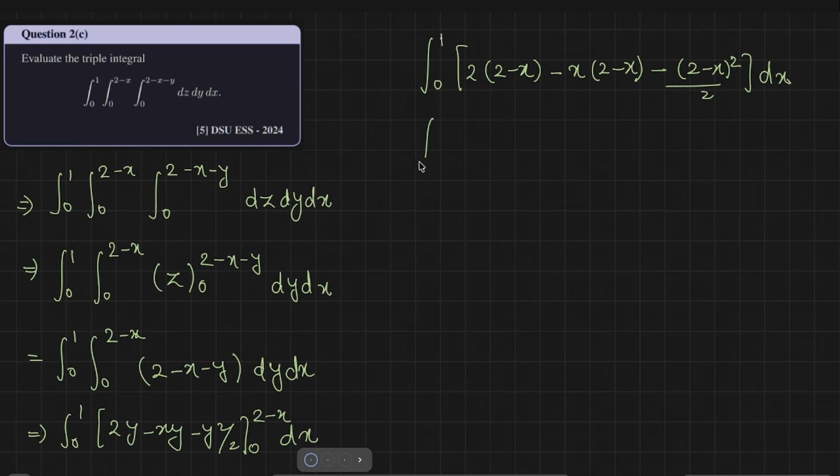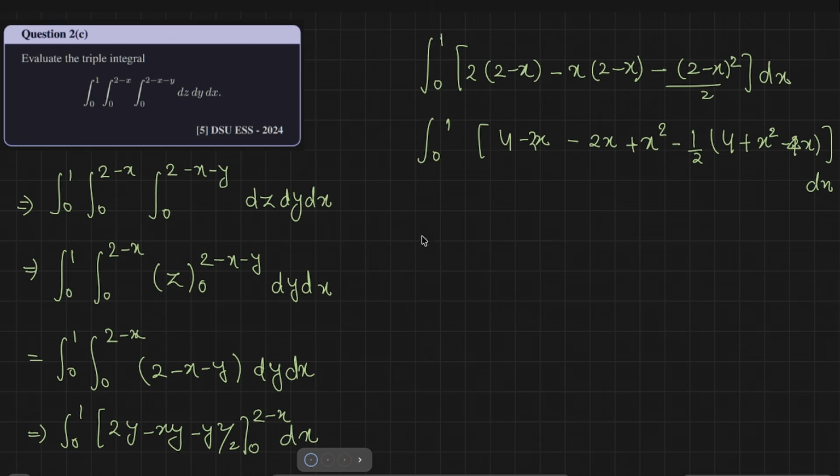You will solve this from 0 to 1. Basically it is 4 minus 2x plus x square, minus 1 by 2, and then this is going to be 4 plus x square minus 4x.